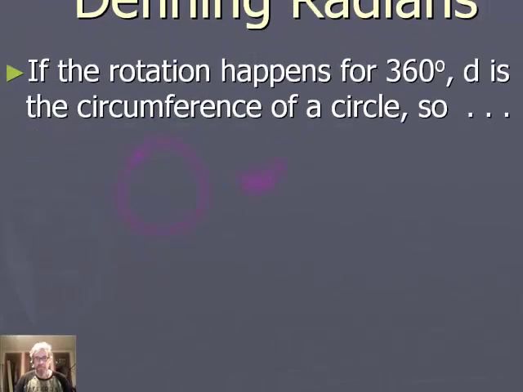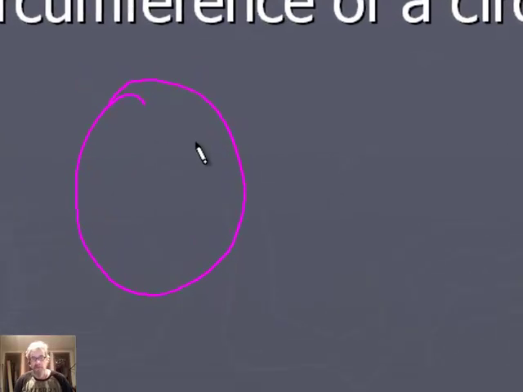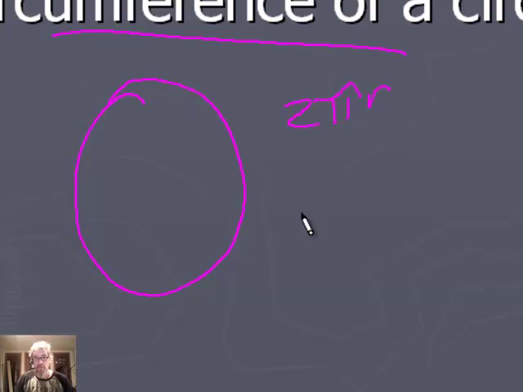We can develop a way of converting back and forth between degrees and radians if we think about the circumference of a circle. If we went through one entire rotation around a circle, we would have covered a distance of the circumference, which would be 2 times pi times r. That would be essentially delta d for rotating one complete revolution.